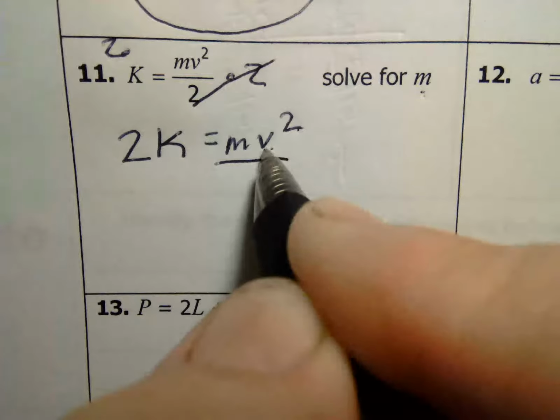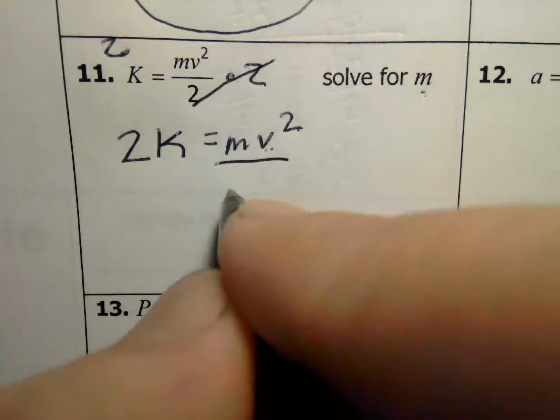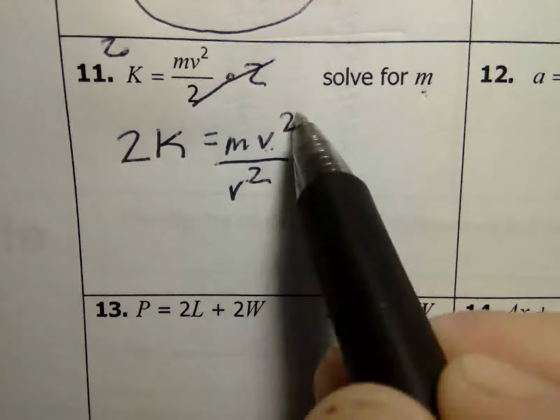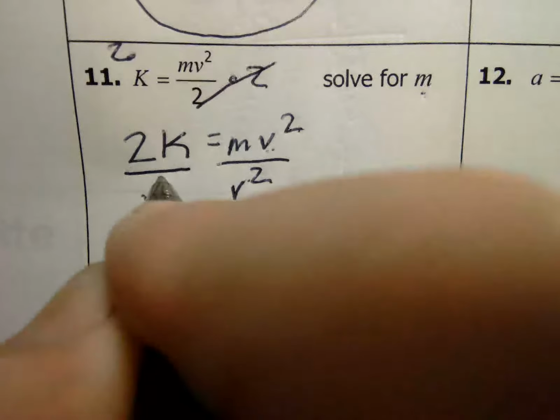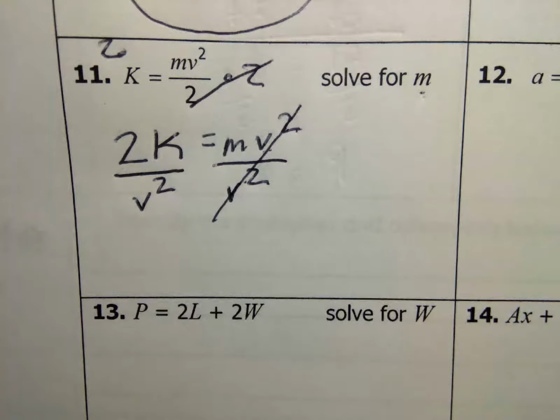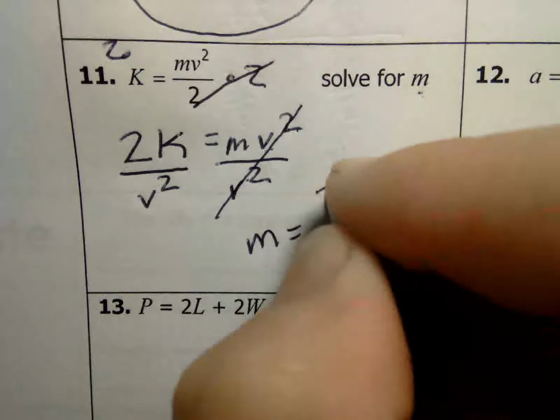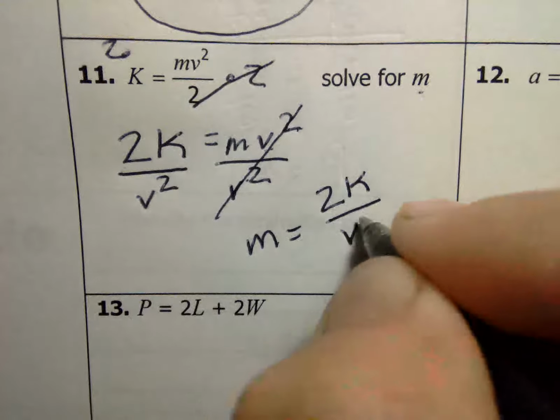Not 2. What's this? V squared, actually. V squared, V squared. You want them to be the same. And then that'll go away. So M is 2K over V squared.